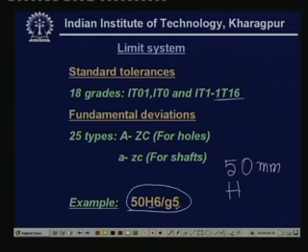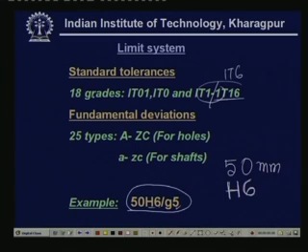H is the whole basis system, where the limit system using H means you do not have any lower deviation, fundamental deviation is 0 for the whole, and as it is the whole basis, it is written first, and 6 shows that in this zone you are using an IT6 grade.